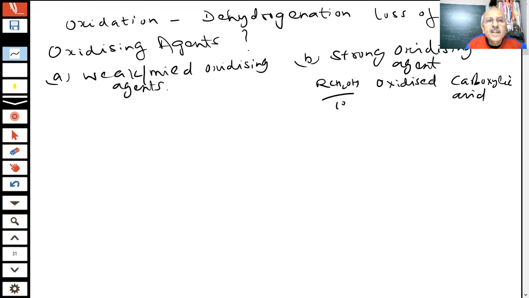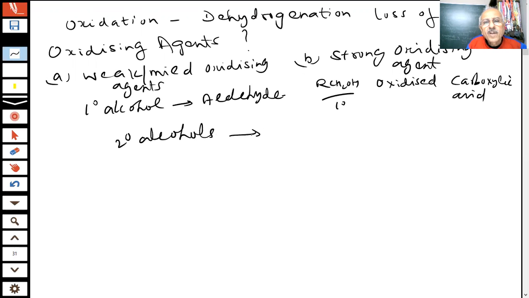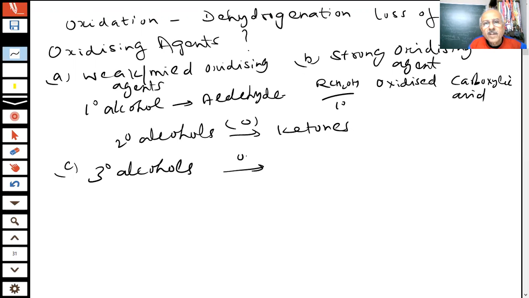And in the case of mild, 1 degree alcohols will give aldehydes, and 2 degree alcohols always produce ketones. We already told you the oxidation process. And further 3 degree alcohols, no oxidation. There is no oxidation. Important points to note down, student. What is a tertiary alcohol? You have something like this.